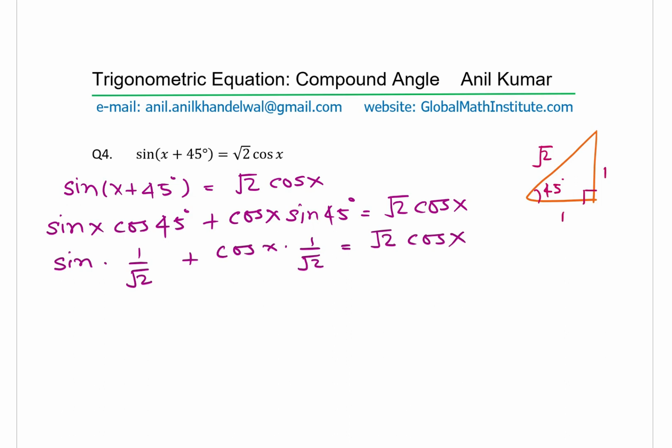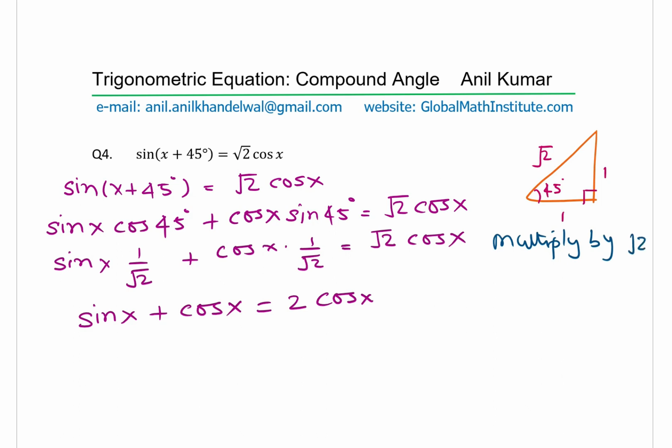Multiplying by square root 2, we get sin x plus cos x equals 2 cos x. So we multiplied each term by square root 2, both sides. Now we can simplify. So what do we get?